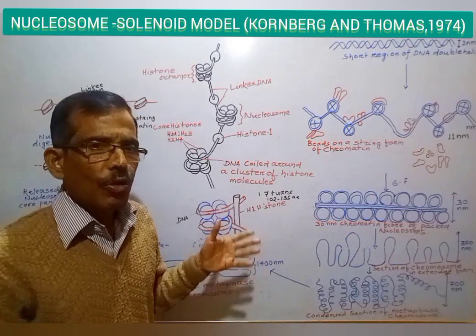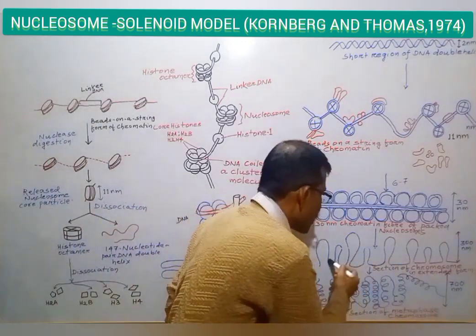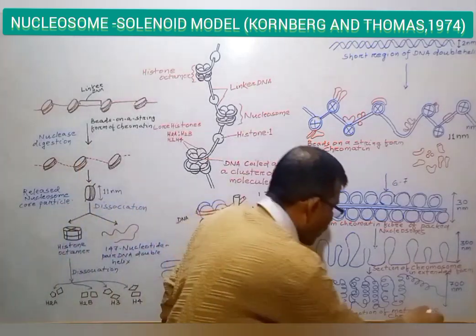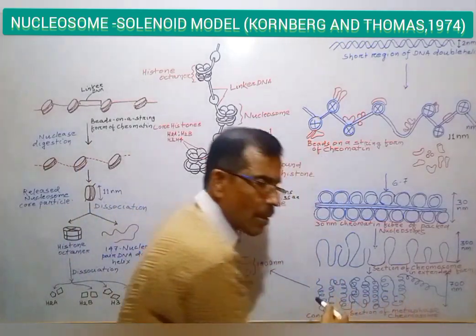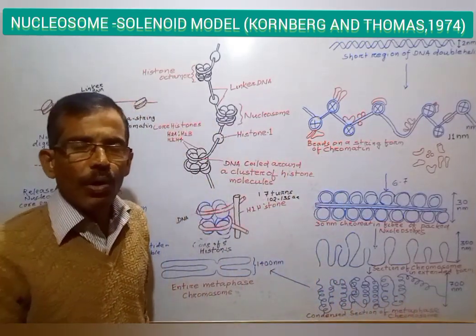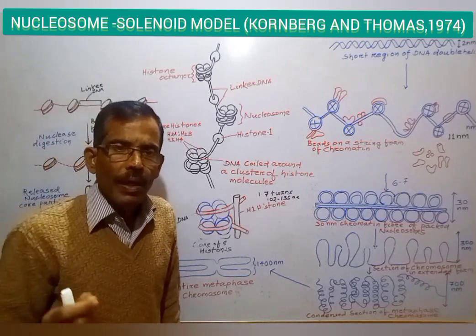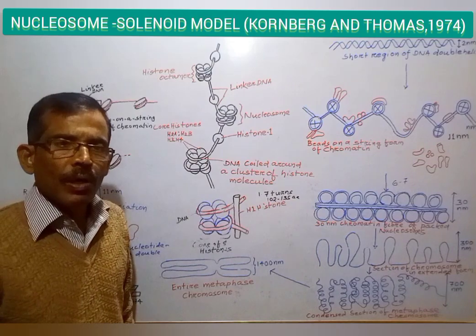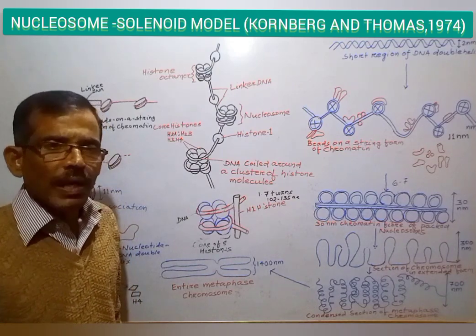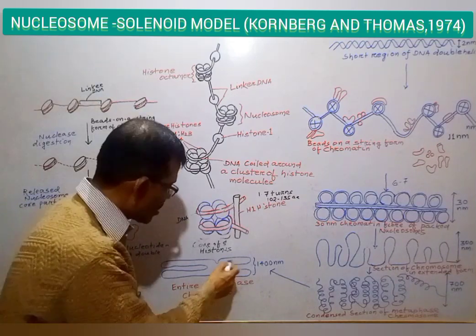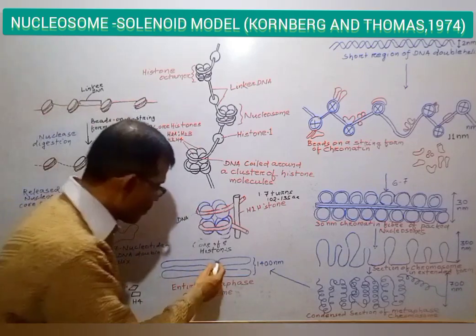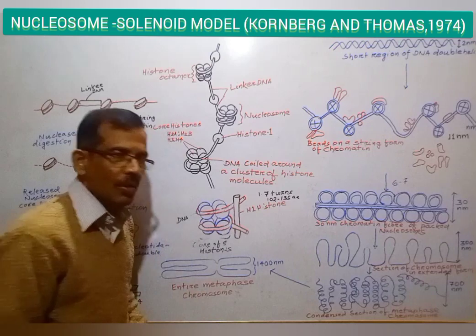In the mitotic chromosome, the super solenoid is further condensed to produce the final shape and dimension of the metaphase or anaphase chromosome. In the metaphase chromosome, two daughter DNA molecules are separately folded to produce two sister chromosomes called sister chromatids that remain attached at the centromere.